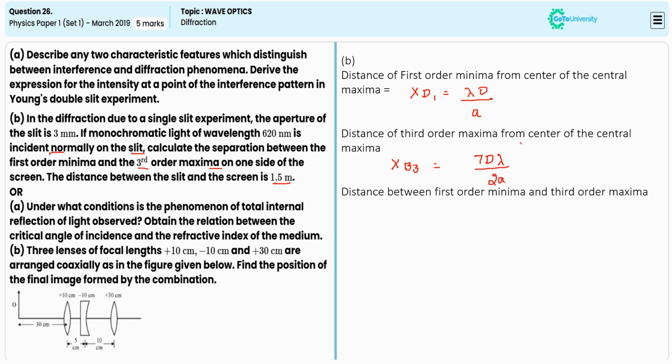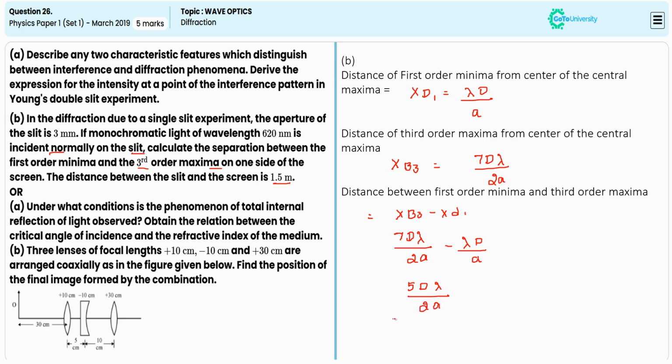Therefore, the distance between the first order minima and the third order maxima is x b3 minus x d1, then we get 7D lambda divided by 2a minus lambda D divided by a. Then we get the value 5D lambda divided by 2a.